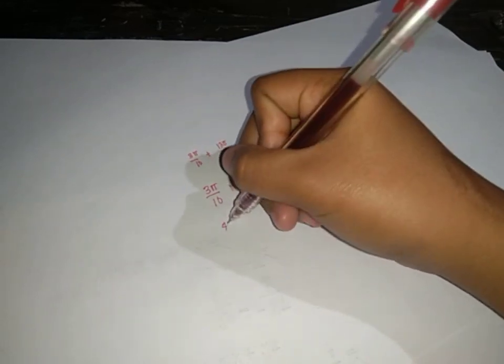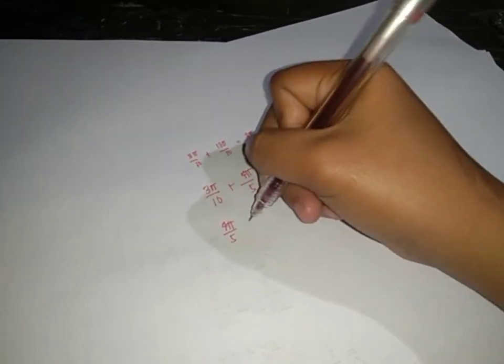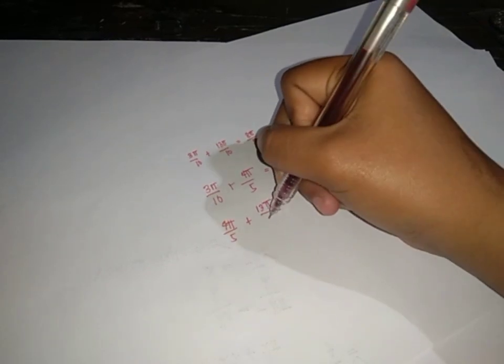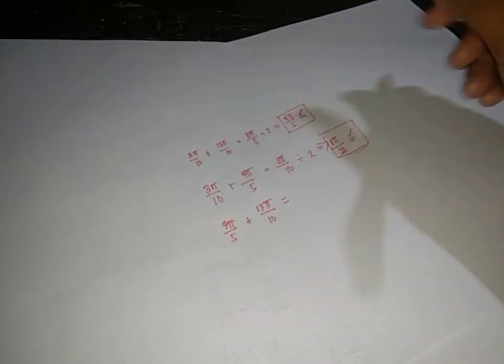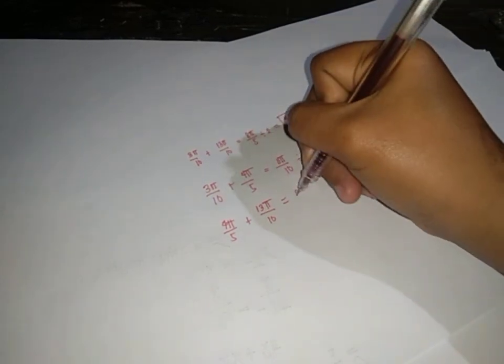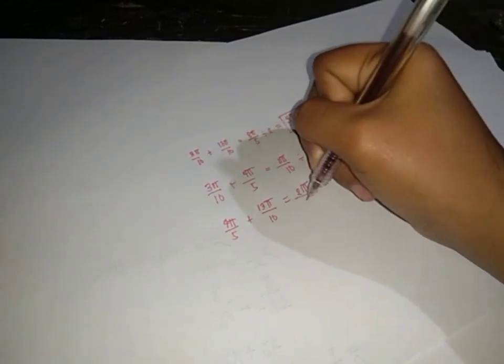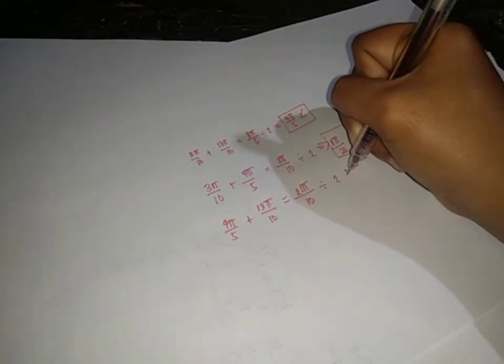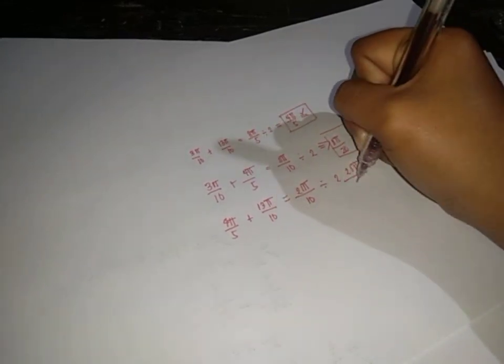We have the 4 pi over 5 plus 13 pi over 10 is equal to 21 pi over 10, divided by 2. We have 21 pi over 20.